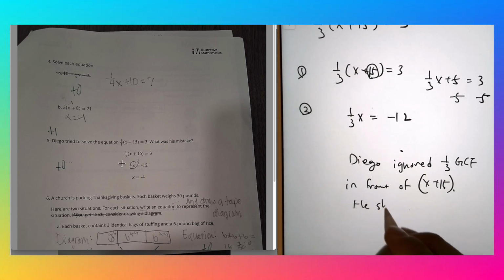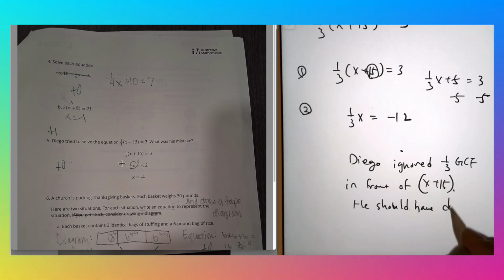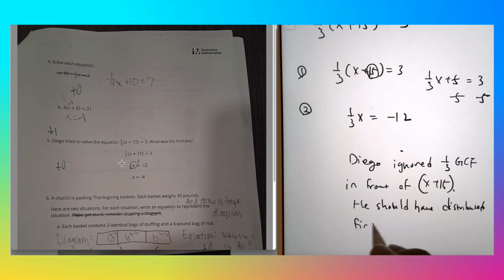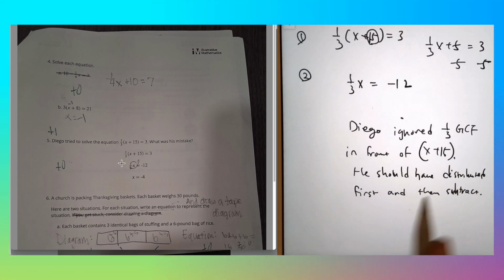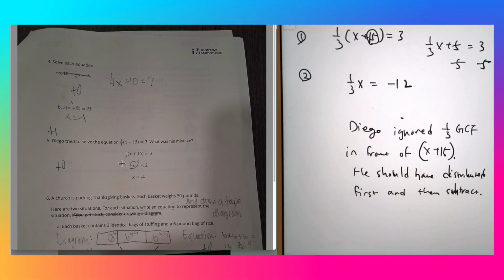He should have distributed first and then subtracted. Okay, so yeah, subtract 5 instead. So that was the problem.